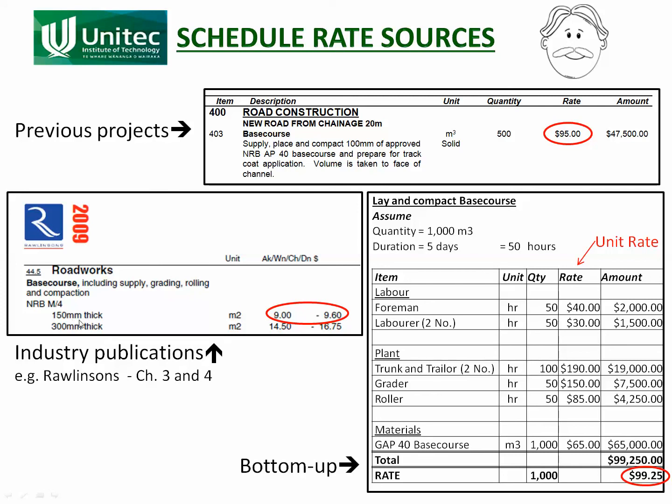Now it's a little bit thicker than what we were looking for, but it tells us that it's going to cost us between $9 and $9.60 per square meter, or sort of $90 to $100 per cubic meter. So that gives us a bit of a ballpark figure. We know it's not going to be $50, we know it's not going to be $200, we know that sort of area that it's going to be. Then we'd use our experience to come up with a rate. But as I said, this Rawlinson's is by far the third best. These two options here are much better, but sometimes you're stuck with just the Rawlinson's one.